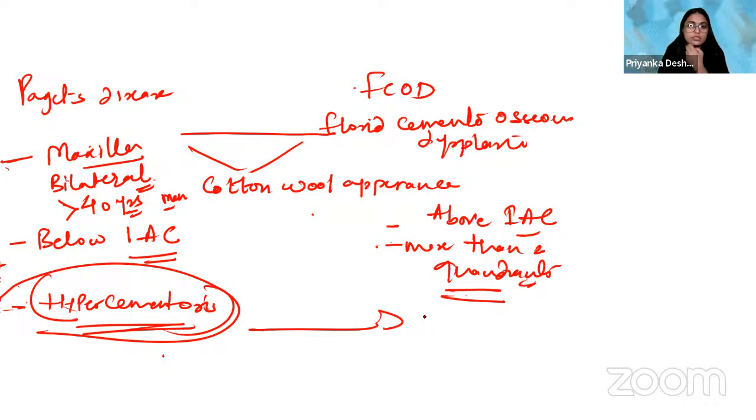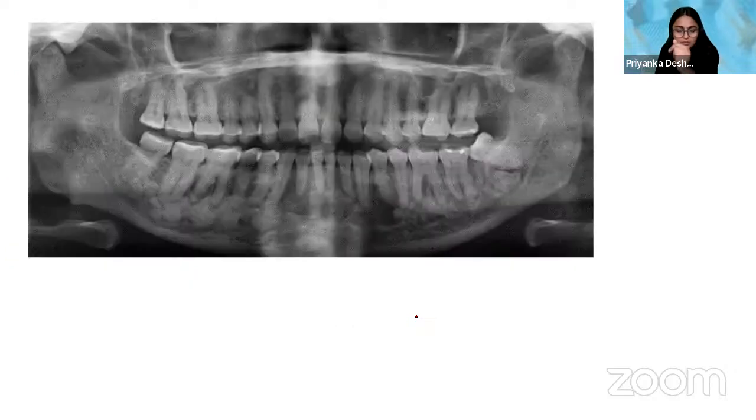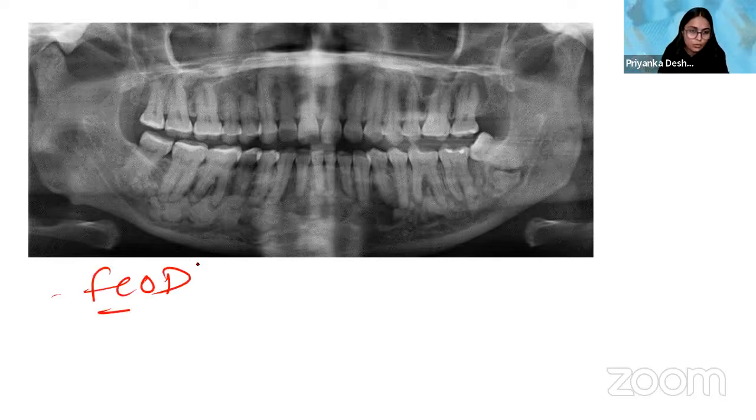Florid cemento-osseous dysplasia. Now, if I show you a radiograph of it, this is basically FCOD. In FCOD, you will appreciate the radiopacities affecting at least two quadrants. And FCOD occurs in three stages.